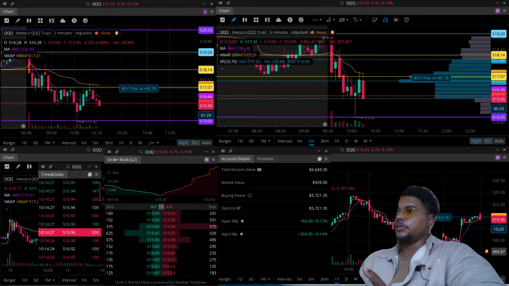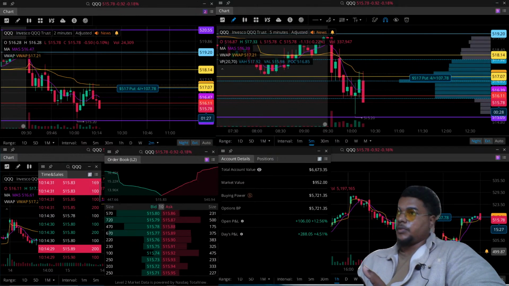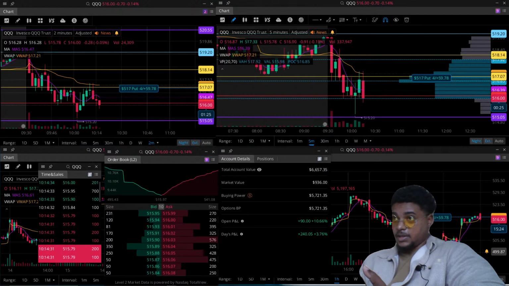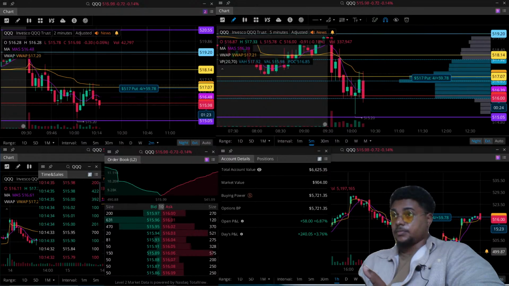That's a good sign. See, it went below that other candle, that's good. You want to see it come down at that purple line, and I'm taking that over there.